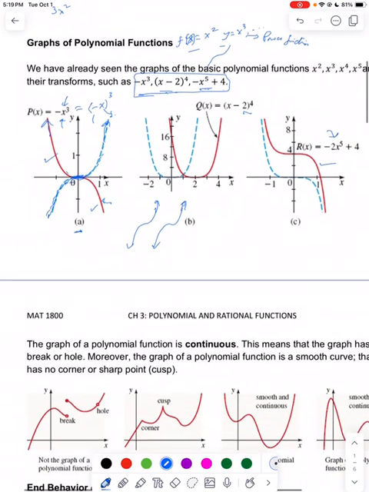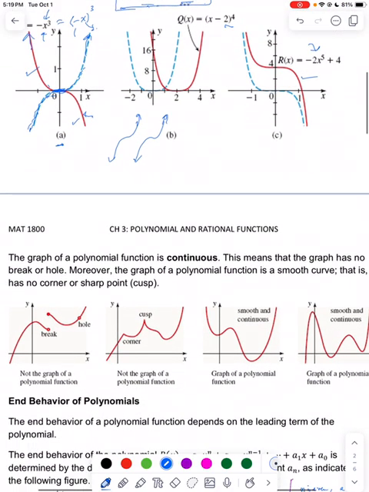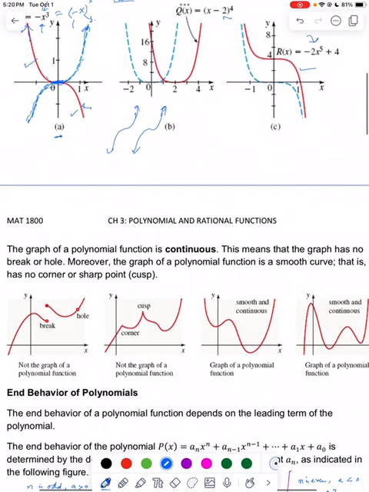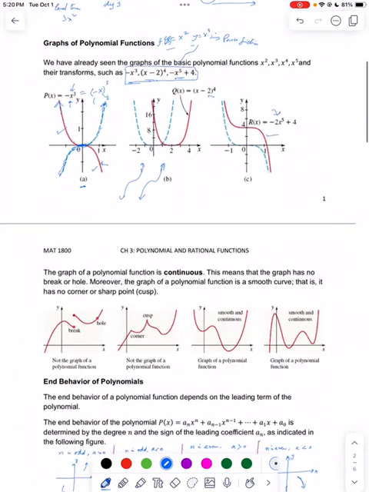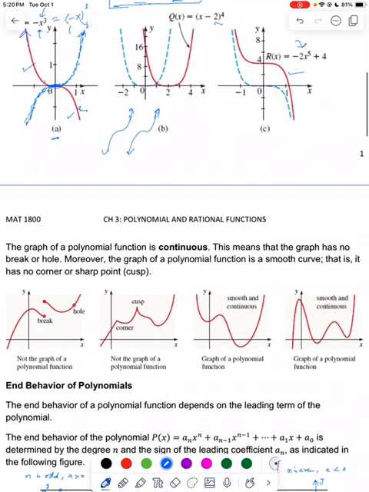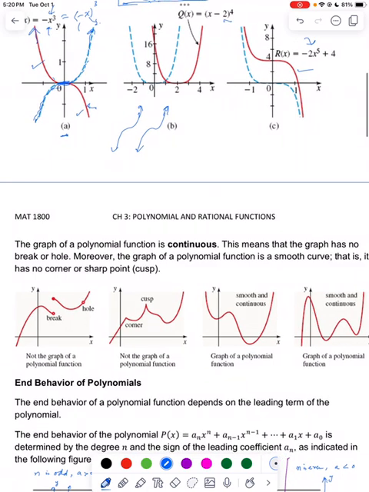So notice that the graph of a polynomial is always continuous. A polynomial is just considered a continuous function. This means that the graph has no breaks or holes. Moreover, the graph of a polynomial function is a smooth curve, like a smoothly flowing curve.